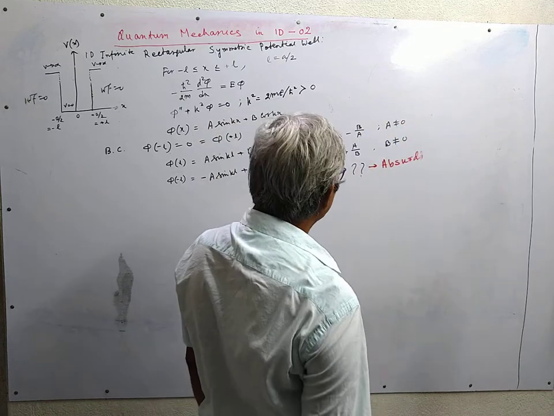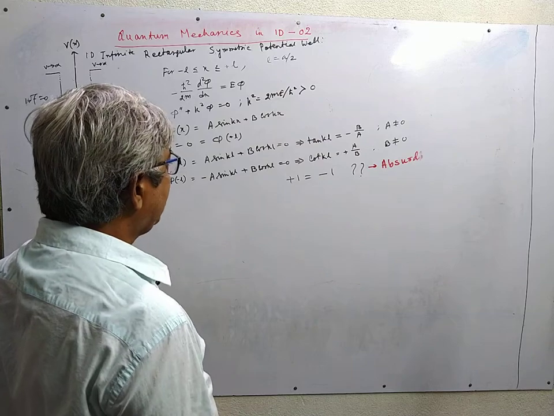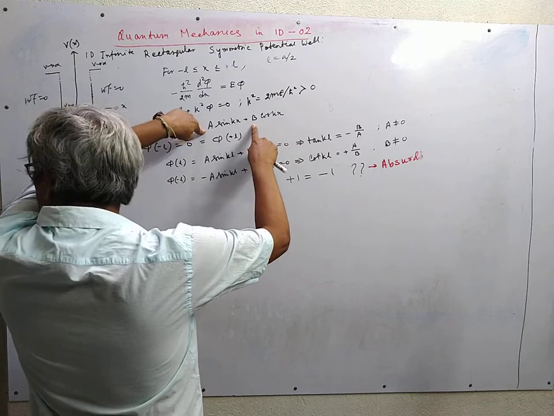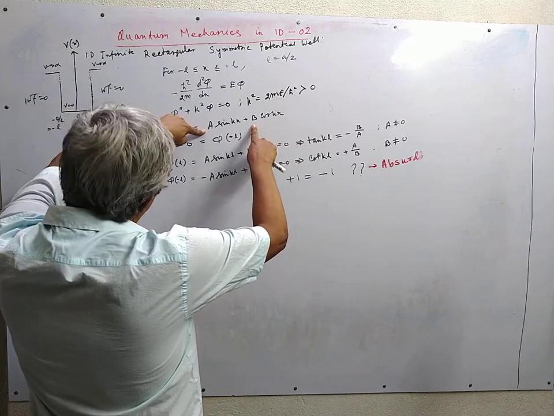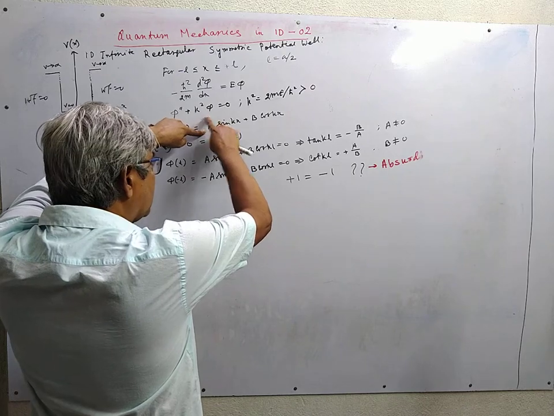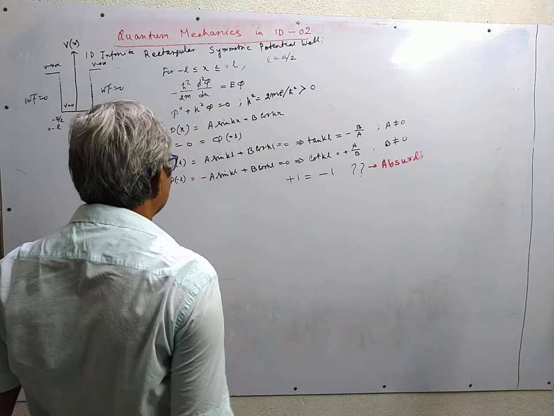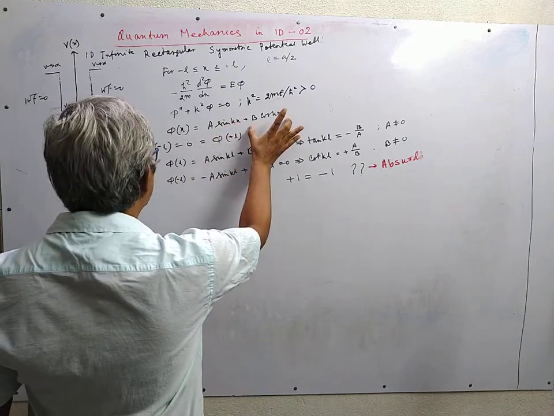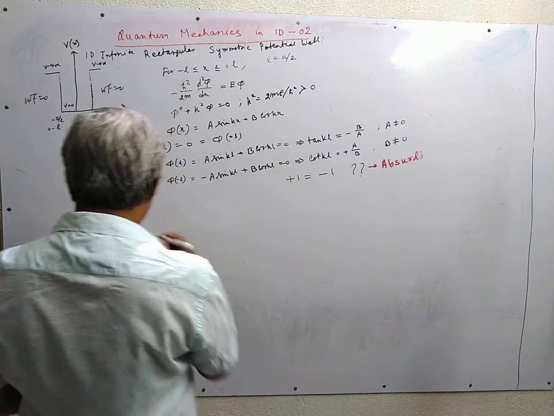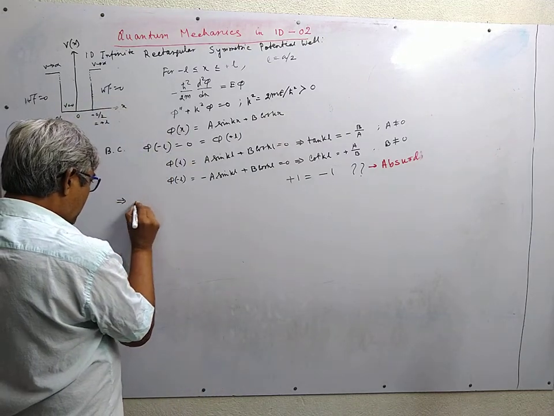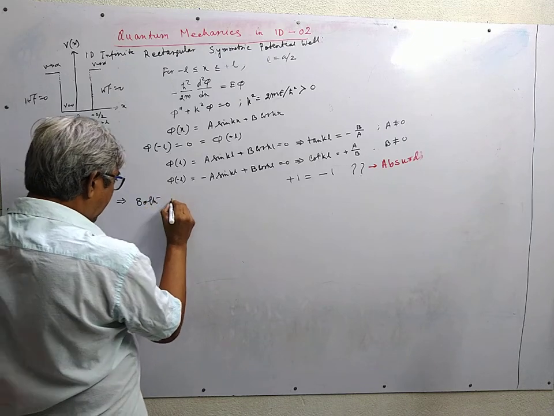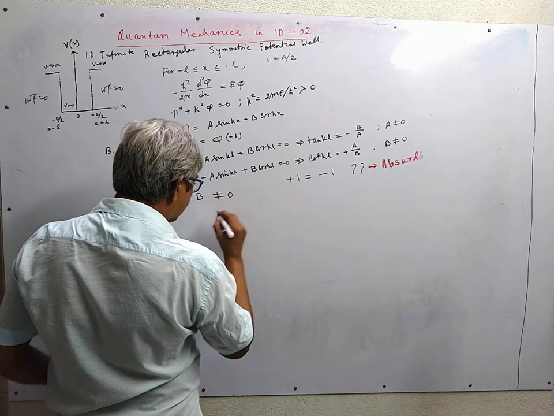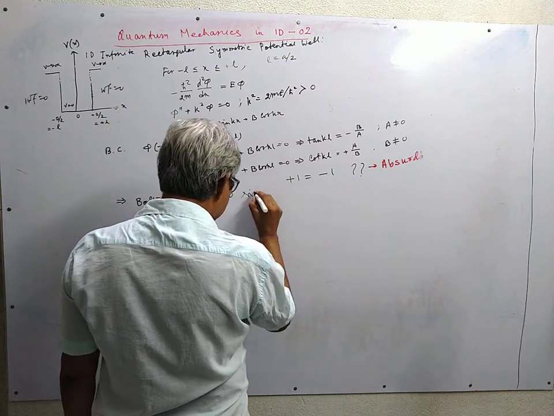So we conclude that A and B, both the expansion coefficient, the constant of integration, cannot be non-zero together. If A is equal to 0, then B is not equal to 0, and vice versa. That is to say, the equation either comprises of sine term or cos term. So the conclusion is that both A and B cannot be equal to 0 simultaneously.